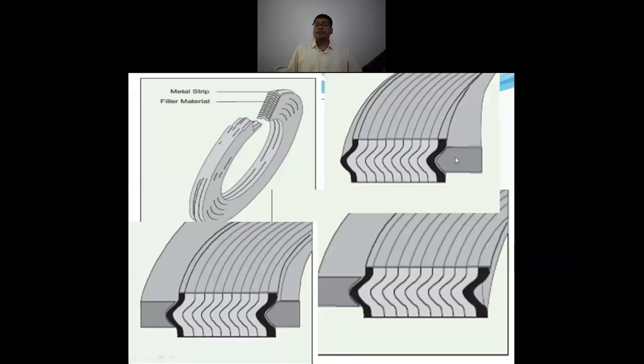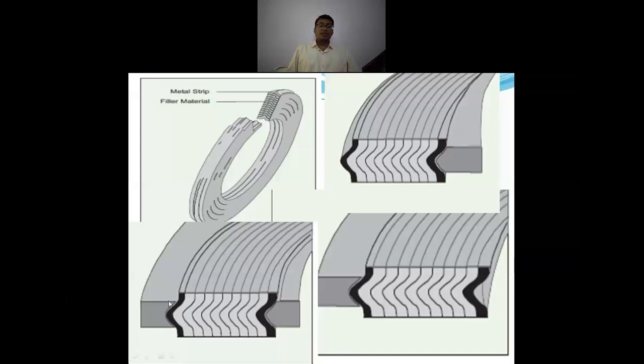Now in the second figure, only the inner ring is available. Outer ring is absent. Next, in the fourth figure, the outer ring is present and the asbestos and the metal rings are available.